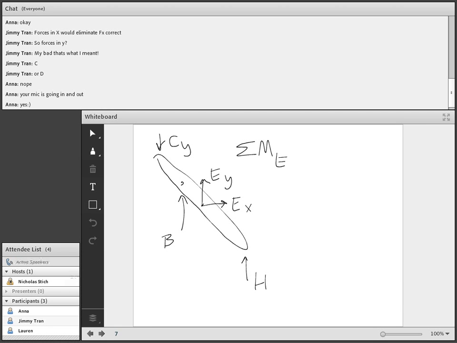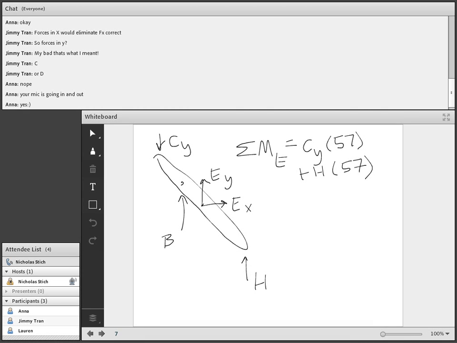All right. So for the sum of the moments about E, we have Cy, moment arm of 57 inches, creates a positive moment. And then H is going to create a moment that's also positive, moment arm of 57.